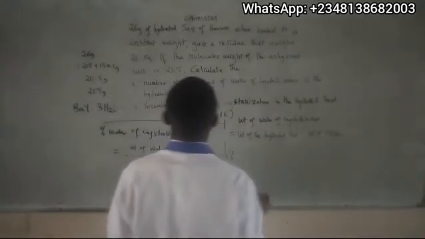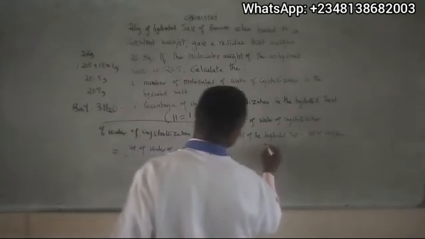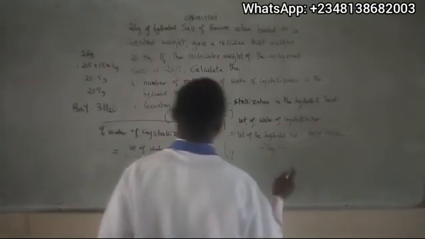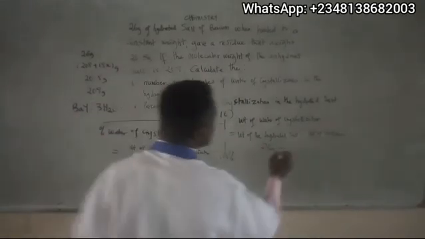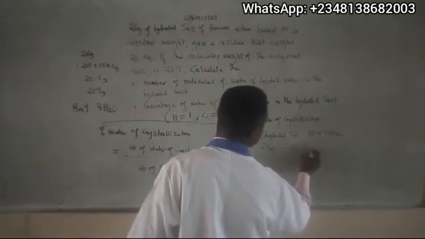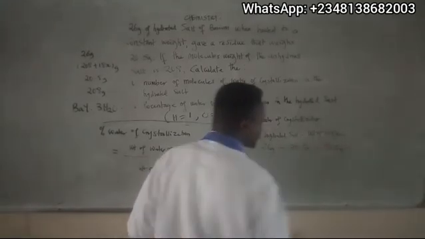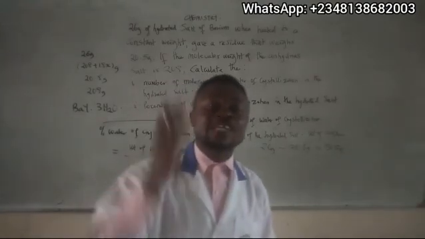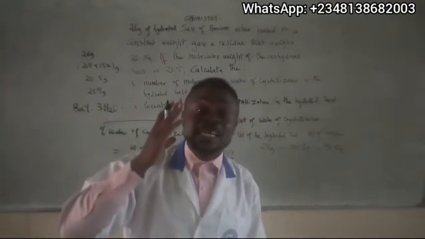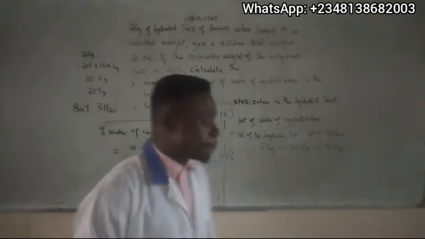Remember, the weight of the hydrated salt is 26 grams. So 26 grams minus weight of residue, 20.5 grams, will give us 5.5 grams. So the weight of the water of crystallization is 5.5 grams.